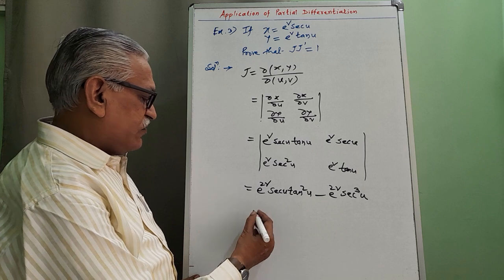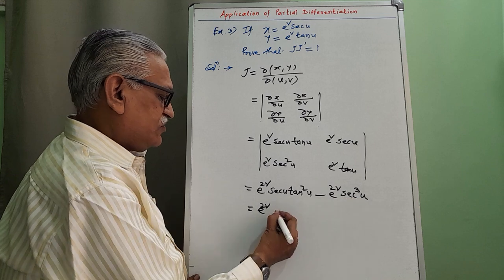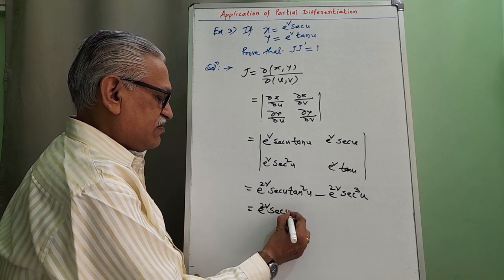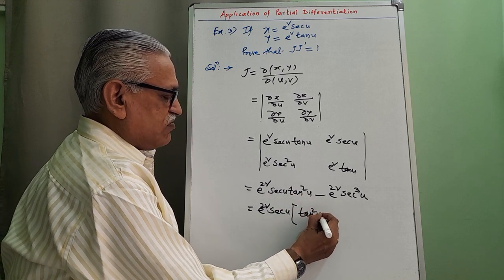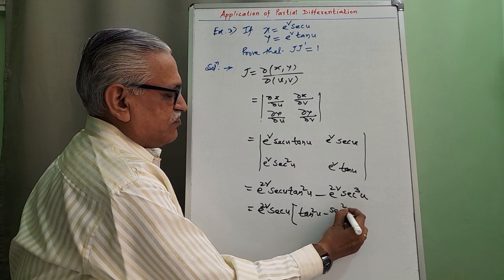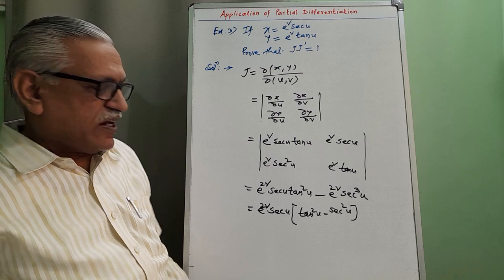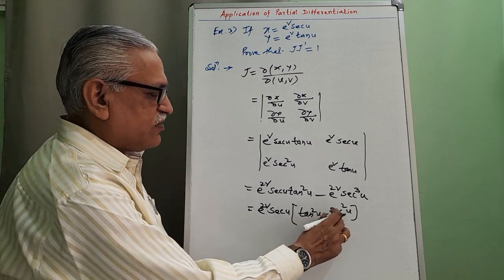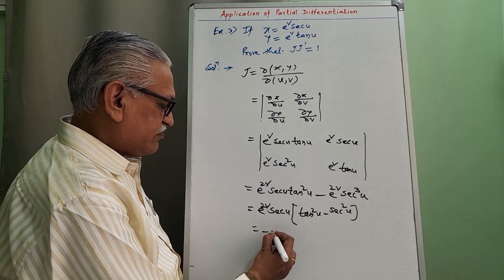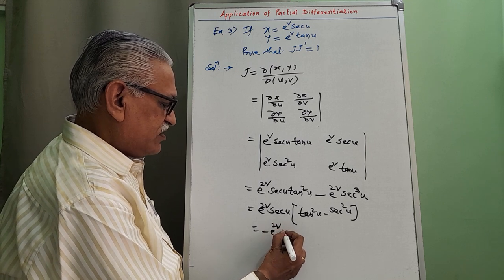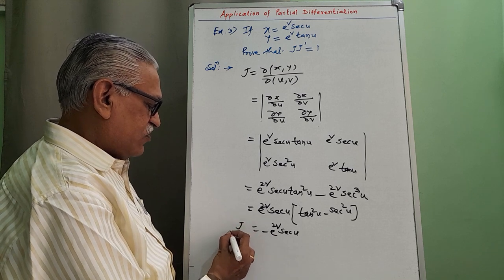From these two terms we take e raised to 2v as common, and we can take secant u common. Remaining terms are tan square u minus secant square u. We know 1 plus tan square is secant square, and therefore tan square minus secant square is minus 1. We get the value of J as e raised to 2v into secant u into minus 1.